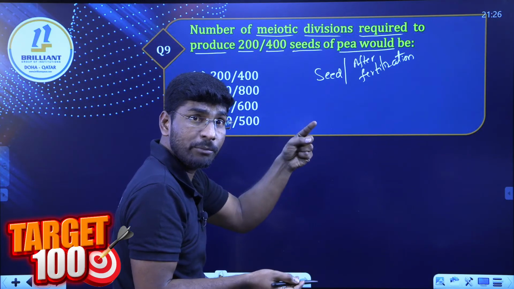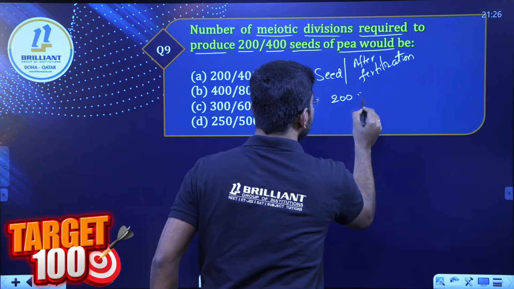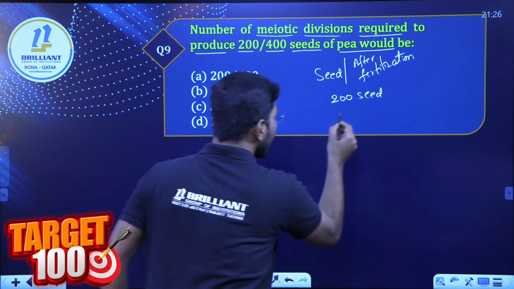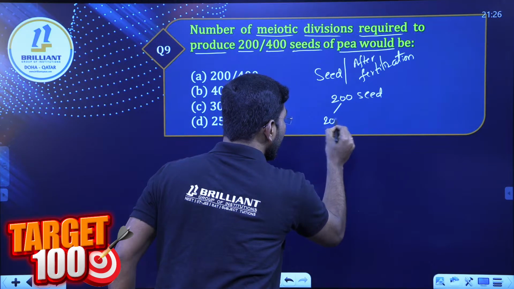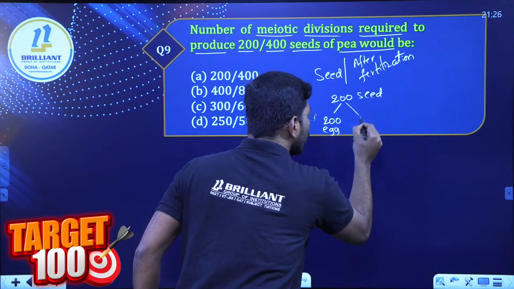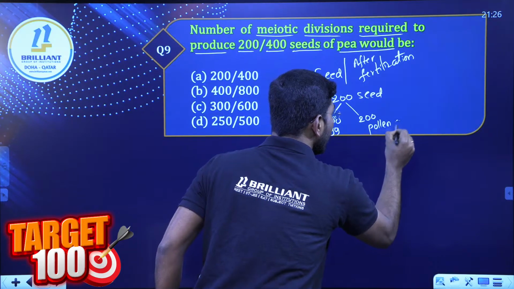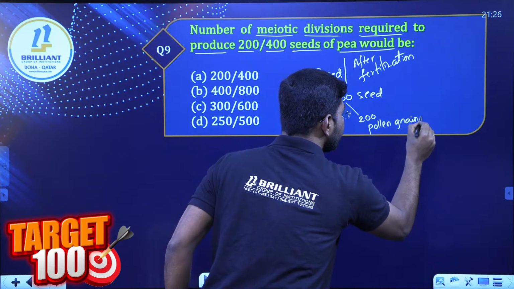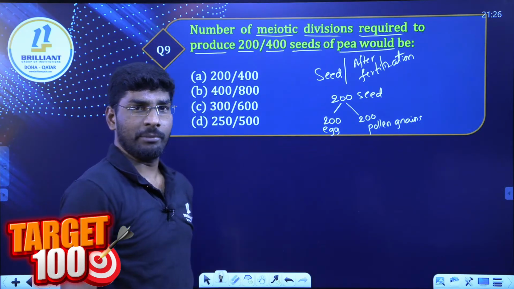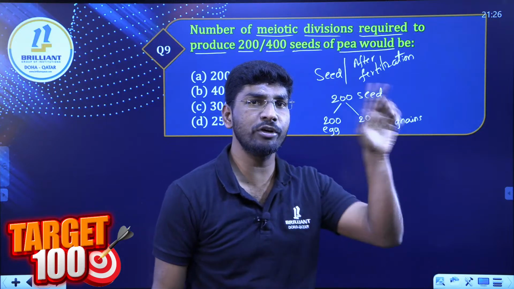What is the number of gametes? Let me take the first one, 200. For 200 seed formation, we need 200 eggs, female gametes. Next we need 200 pollen grains. Any one of you tell me, for the production of 200 eggs, how many meiotic divisions?